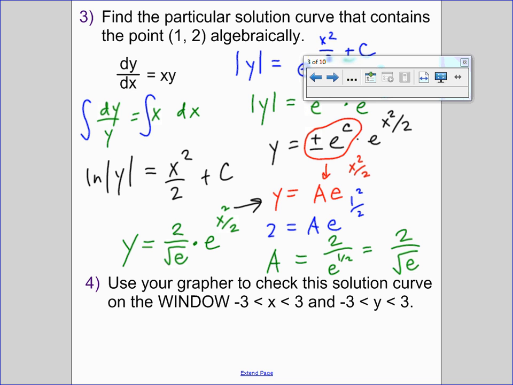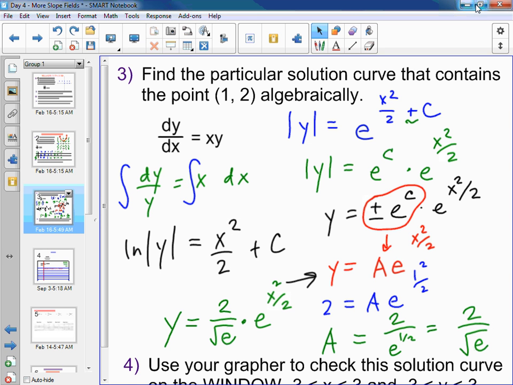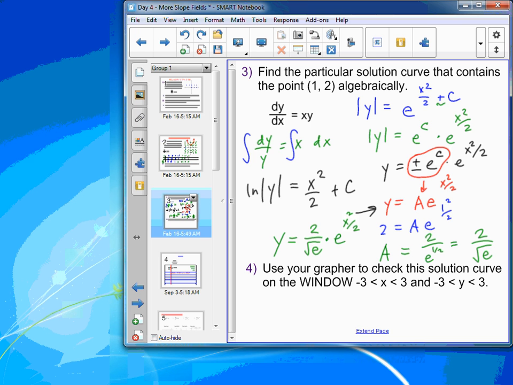And so everybody, go to your y equals menu. On your y equals menu, you're going to enter the differential equation, x times y. To do that, you're going to use your alpha button for alpha y. You'll still use your variable button for the x.